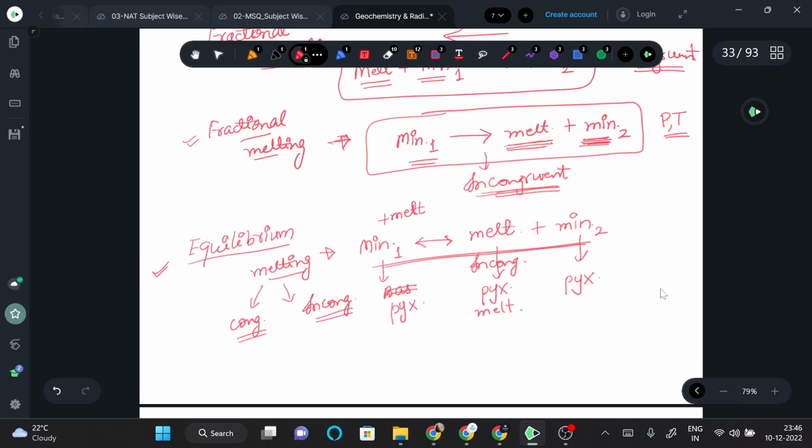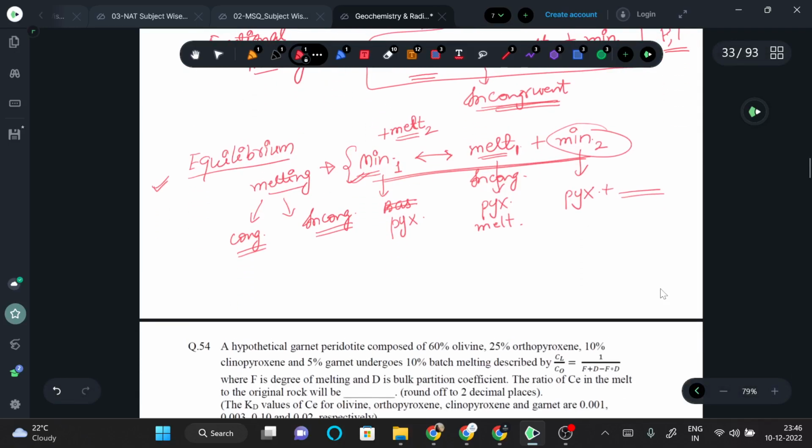It will melt only after meeting with either water, or any other melt that will combine with mineral 1 and make it melt as well. So this pyroxene will have some other constituents as well to form mineral 2. So this is incongruent melting again.